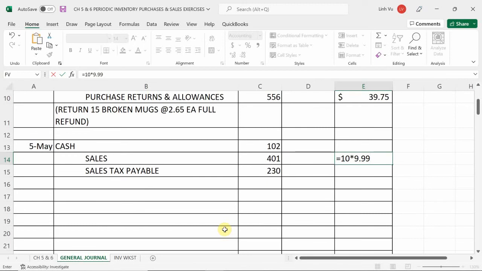That'll be $99.90. Good. How much tax are you going to collect off of $99.90?